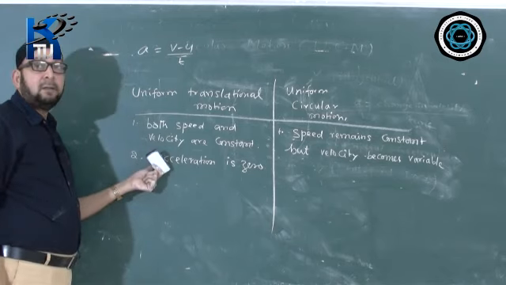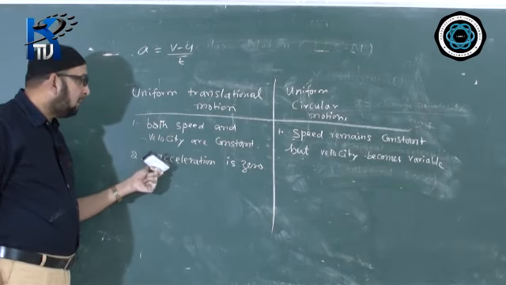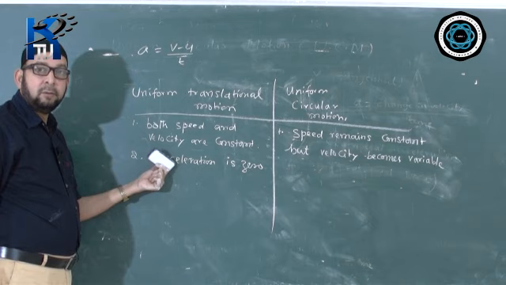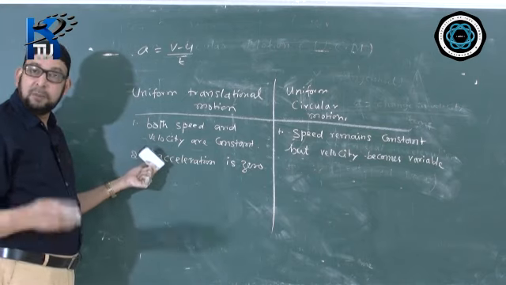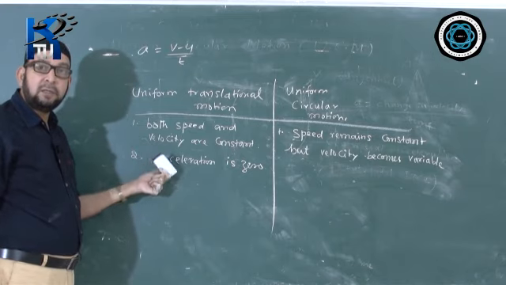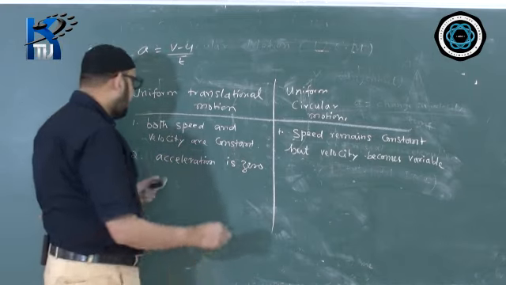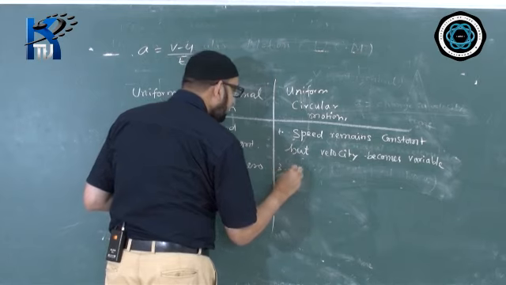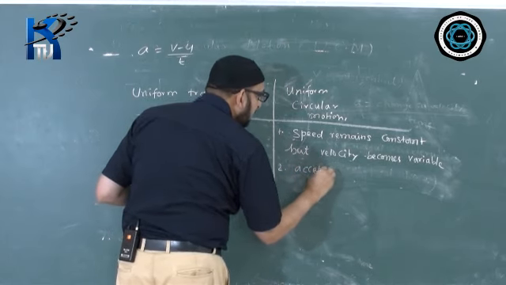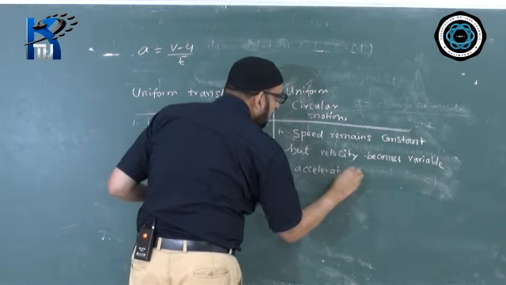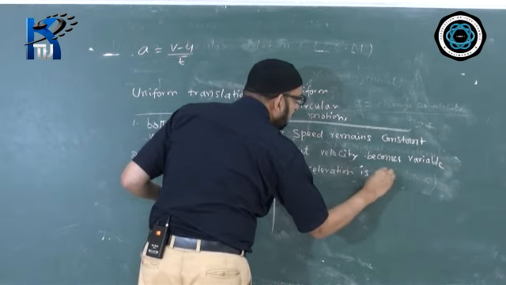Or we can say that it is a non-accelerated motion. Uniform translation motion is non-accelerated. Non-accelerated means with no acceleration, means acceleration is 0. And out there we will be writing acceleration is unequal to 0.